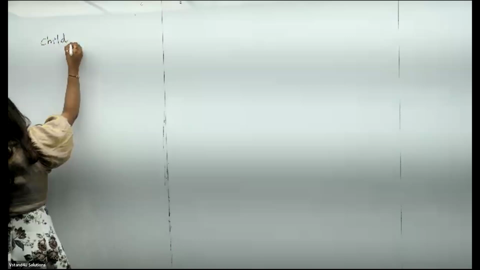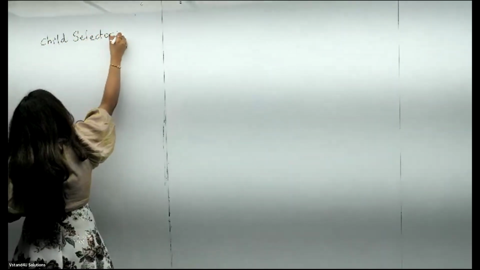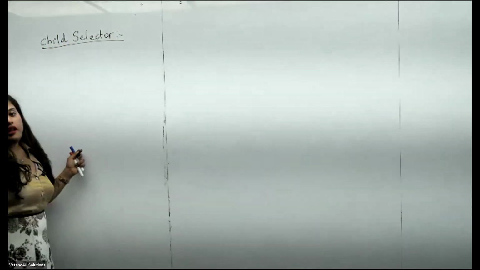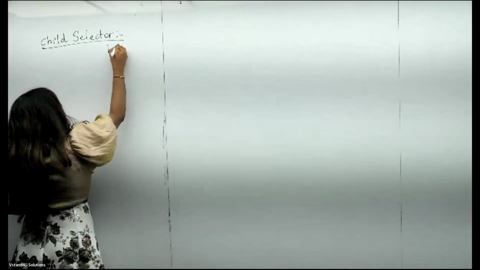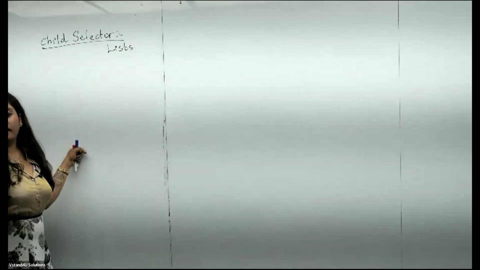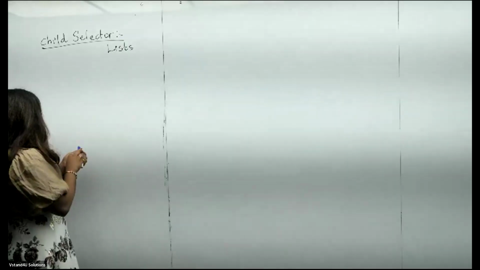So now, let me write. Which type of selector am I now using? I'm using the selector called child selector. Let me take an example of your list. In list, what are the different types of lists we saw?